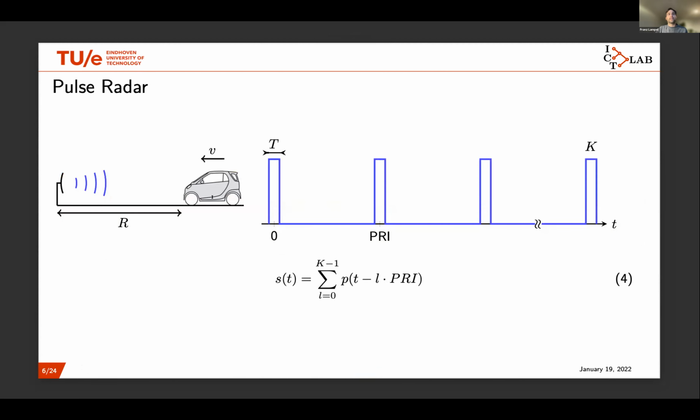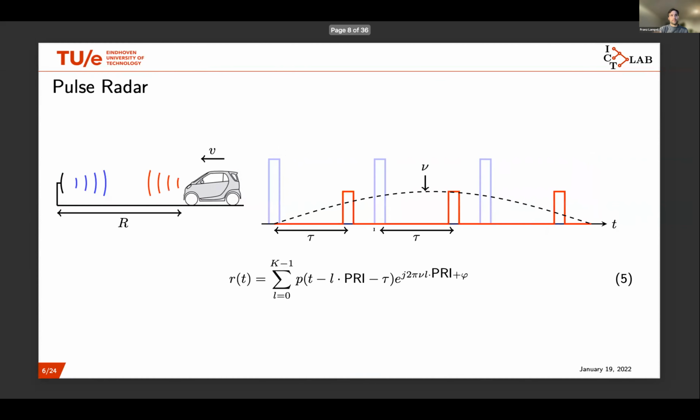We have a moving target at a certain distance r and with a certain velocity v. As I said before, the radar transmits a pulse train of K pulses, where each pulse has a length of capital D. And between two pulses, we have this pulse repetition interval.